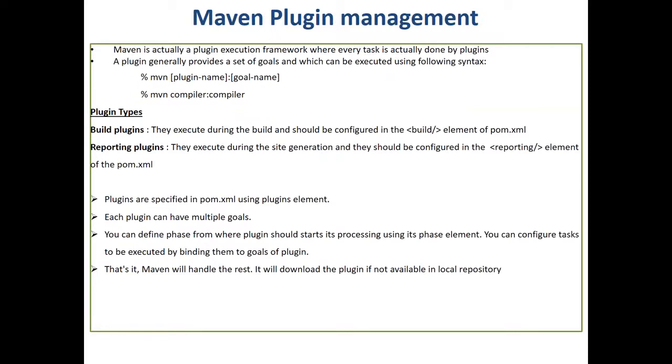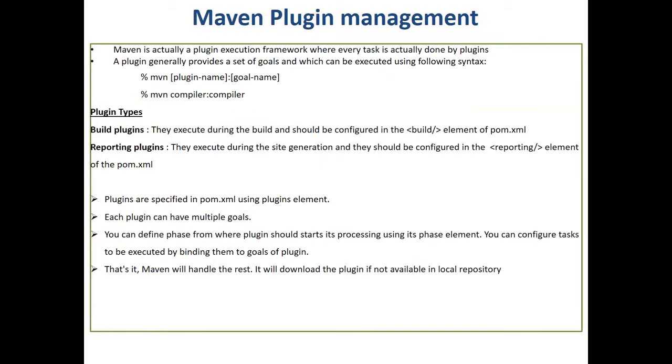The only difference is any plugin that you're using to generate a report or create a report in terms of some documentation for your project, those are considered the other type, that is reporting plugin. So the last goal that you have, that is site, is referred to as the reporting plugin.